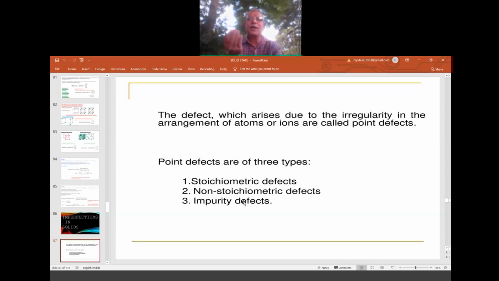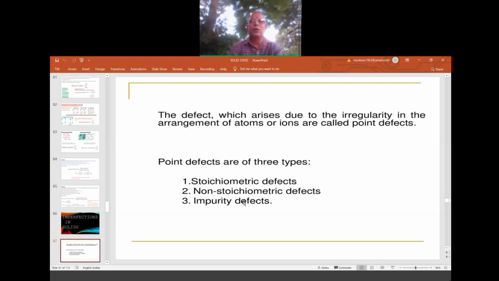And impurity defects: sometimes impurity is added, or it will come automatically during crystallization. When I make sodium chloride, a small fraction, 0.01% of magnesium, may be there in the NaCl. That will give some defect, and those are called impurity defects. Even in the case of iron, when you go for iron extraction from the hematite, a small percentage of carbon may be there.